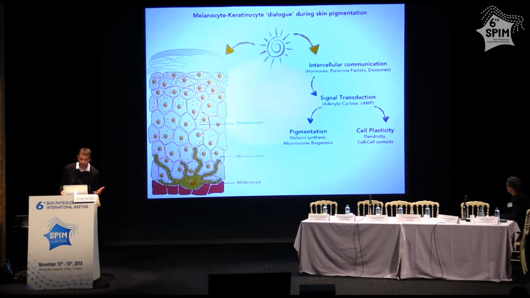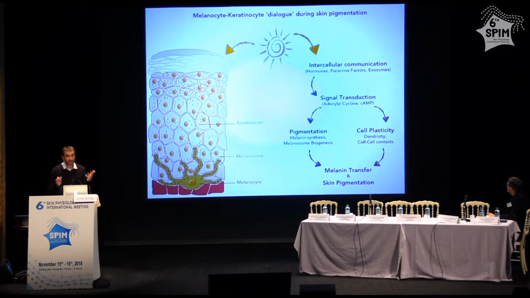What I mean by plasticity is it can help the formation of dendrites and also the establishment of cell contacts. And of course, a cell able to pigment and able to make contact is likely, at least in skin, to promote the melanin transfer and to provide skin pigmentation.